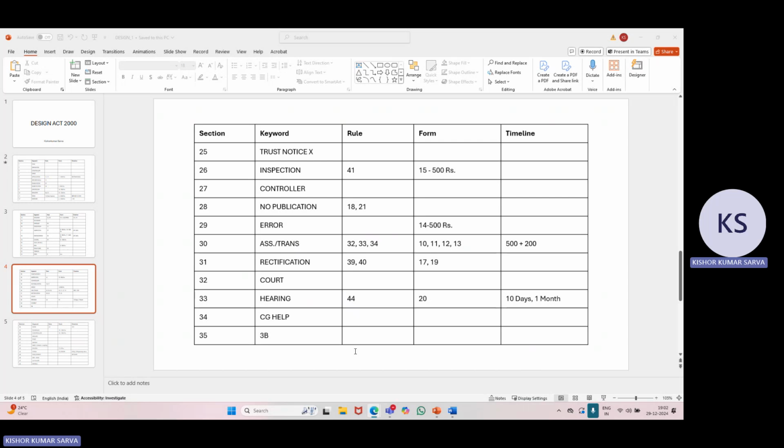Now section 28 talks about no publication in case of abandonment or withdrawal. If the controller refuses your design for any purpose, or you are not able to complete all these things in 6 months as per rule 21, then your design will not be published and will not be publicly available to anyone.